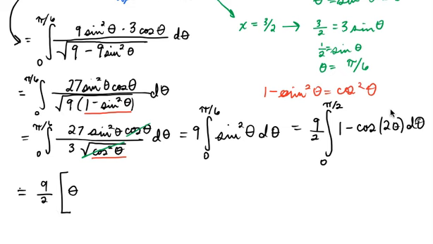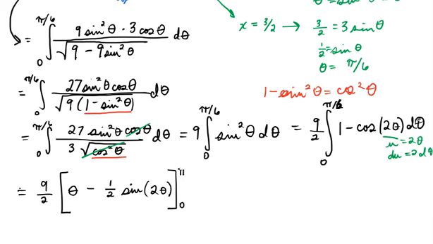Now for the integral of cosine of 2 theta, I'm going to do this a little bit in my head, but what I'm doing is u is 2 theta, so du is 2 d theta for that integral, so you multiply by 2, which becomes part of your du, but also a 1/2 to balance that, and the 1/2 will remain in front of the integral, so you get 1/2 times the integral of cosine is sine, so we'll have minus 1/2 times sine of 2 theta. We're going to evaluate this from 0 to, oops, that should be pi over 6. I wrote 2 up there, but that's a pi over 6.